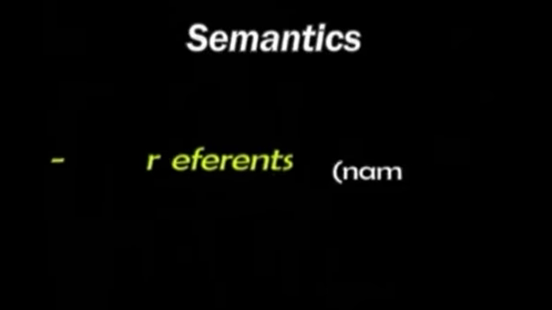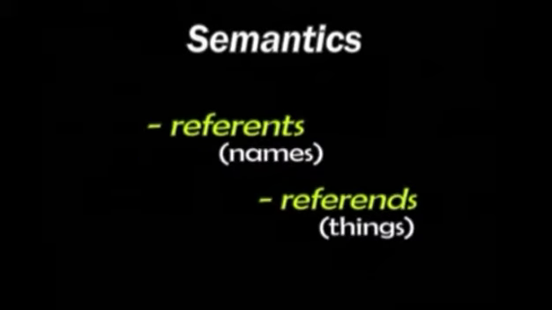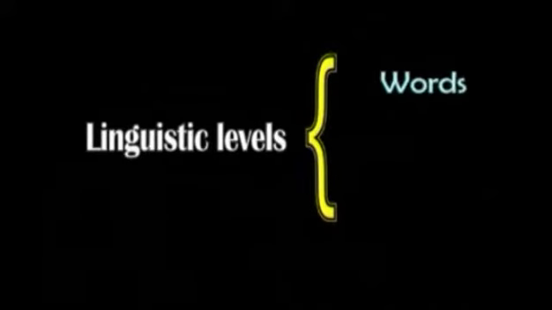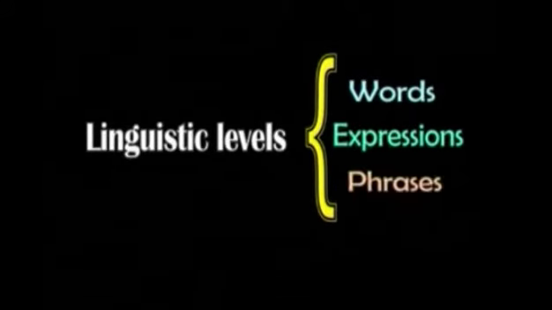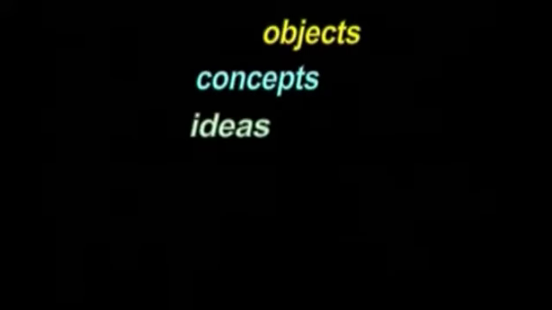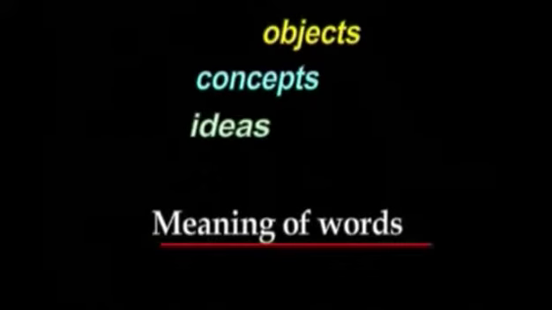Broadly speaking, semantics is that aspect of linguistics which deals with the relations between reference, that is names, and referents, that is things. That is, linguistic levels or words, expressions or phrases, and the objects or concepts or ideas to which they refer, and with the history and changes in the meaning of words.